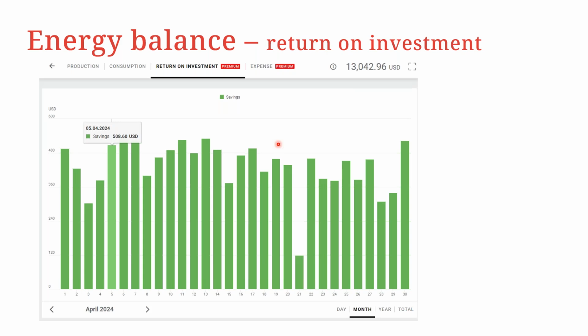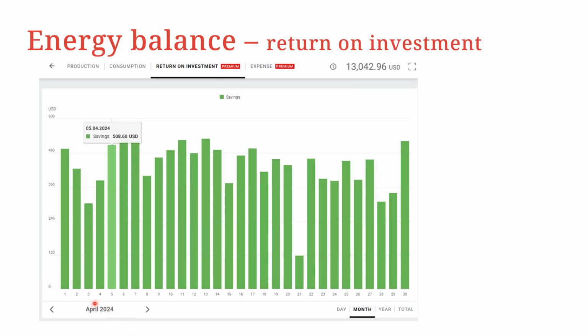So there's always the section where you enter the cost of electricity per kilowatt hour. And these are the figures that eventually then SolarWeb uses after it has accumulated data to be able to work out for you what are your savings on a daily basis, on a monthly basis, or an annual basis.